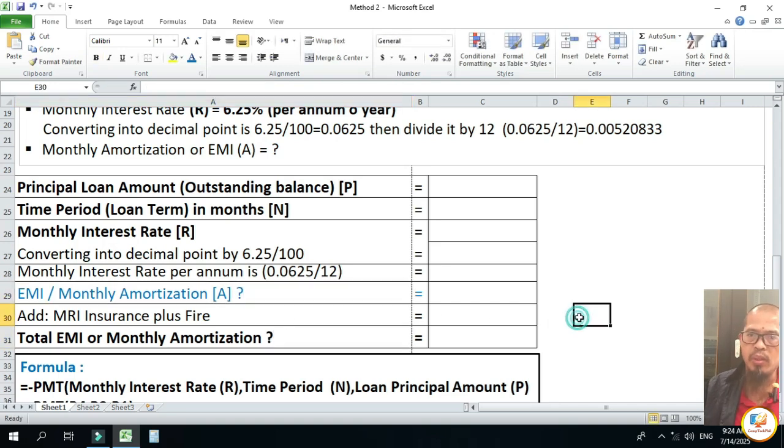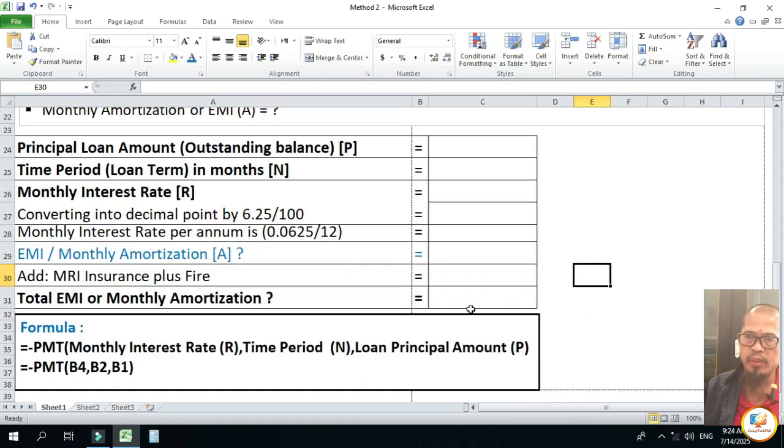Take note, guys, we're going to use this formula in the Excel sheet. This is given by the Excel sheet.